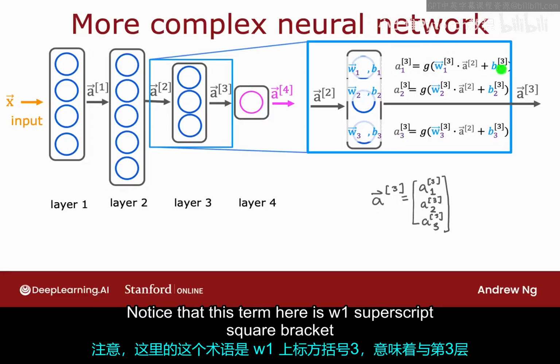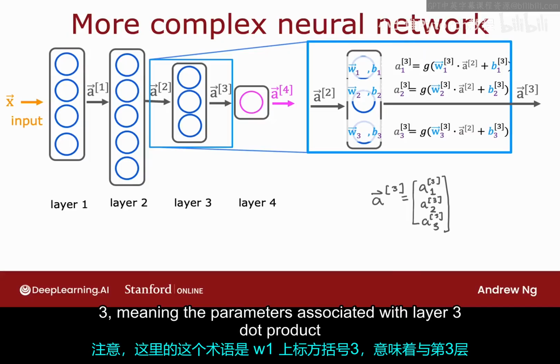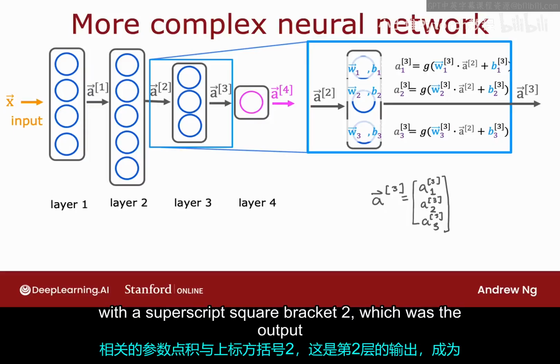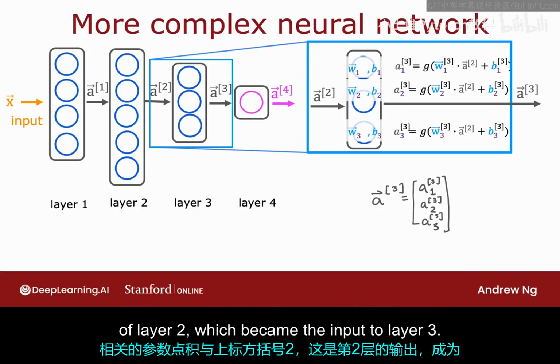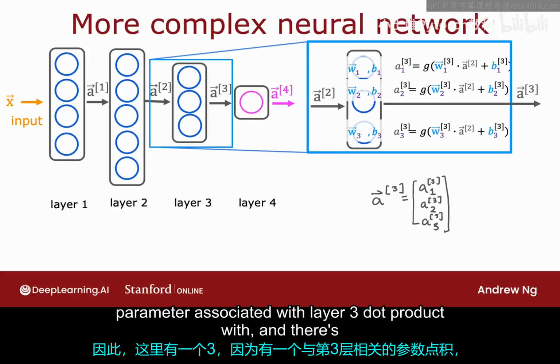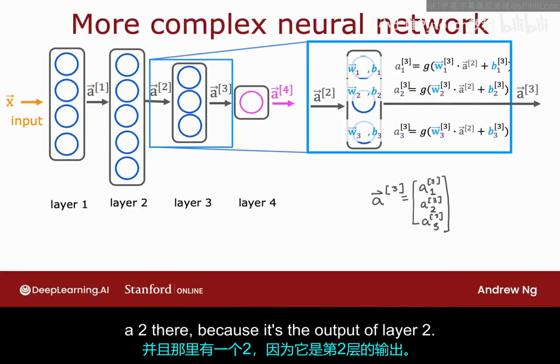Notice that this term here is w1 superscript square bracket 3, meaning the parameters associated with layer 3, dot product with a superscript square bracket 2, which was the output of layer 2, which became the input to layer 3. So that's why there's a 3 here, because there's a parameter associated with layer 3 dot product with, and there's a 2 there, because it's the output of layer 2.